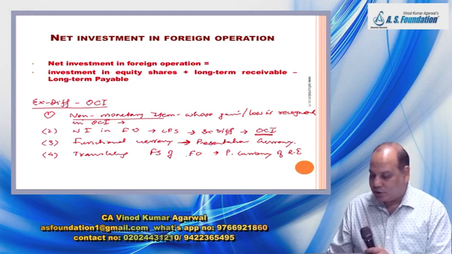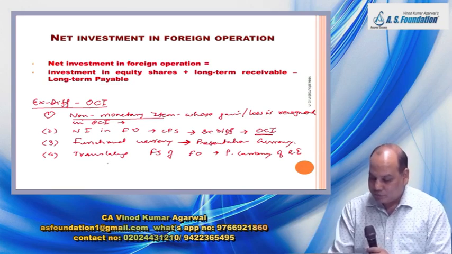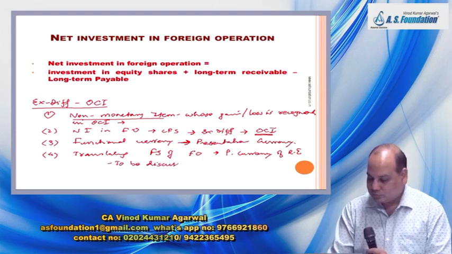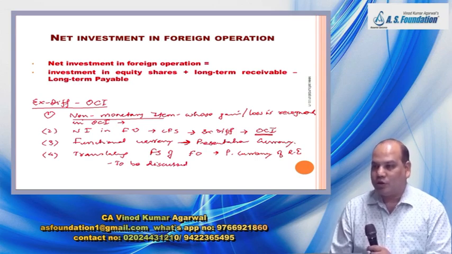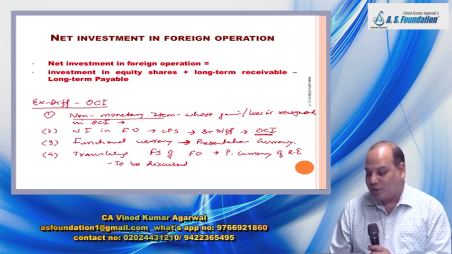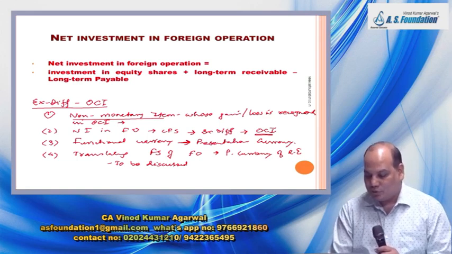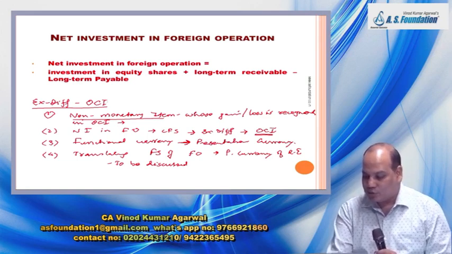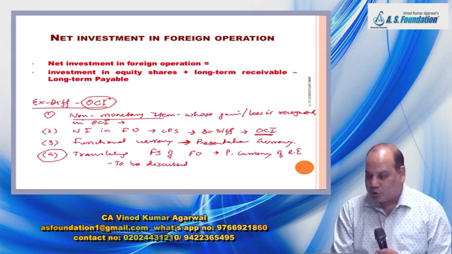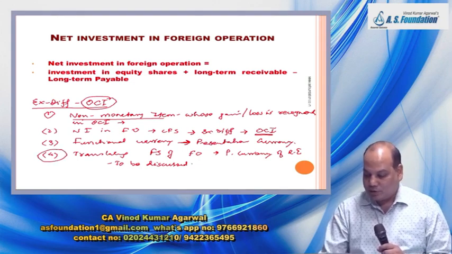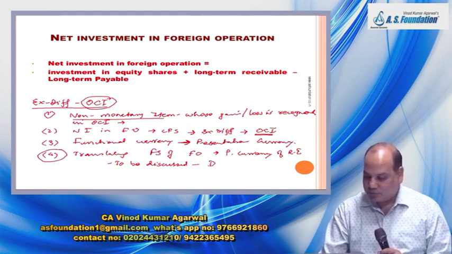And this will be translating financial statement of foreign operation. Now this is to be discussed because it depends on whether control is lost or control is not lost. And again, it depends on whether that foreign operation is a subsidiary or associate or joint venture. So what will be the further treatment of this OCI item for the fourth type of situation, to be discussed in the disposal segment?